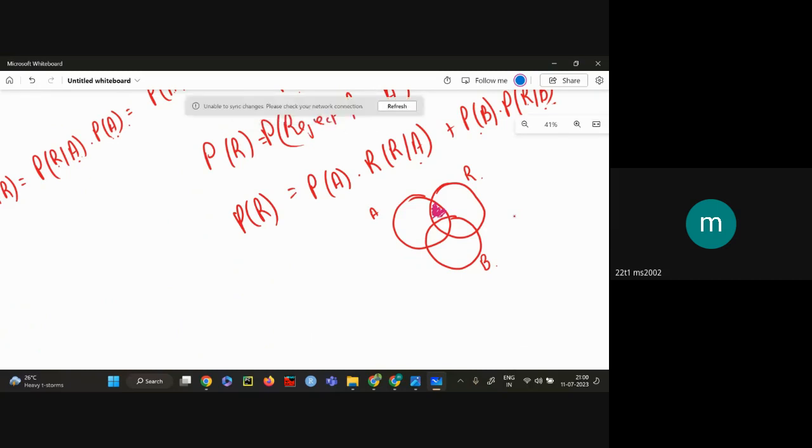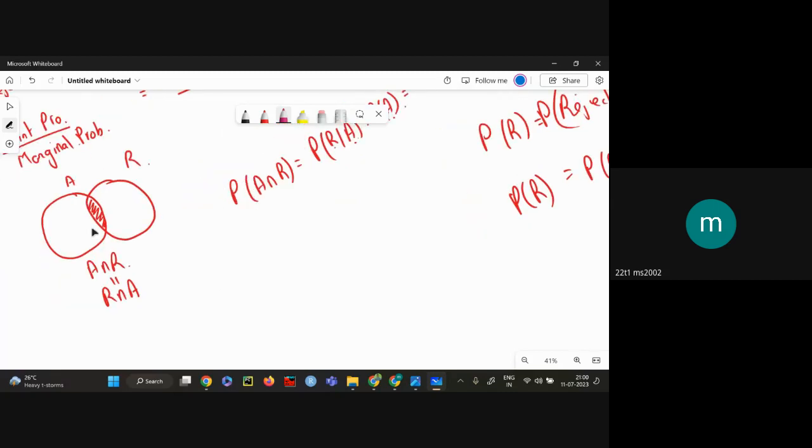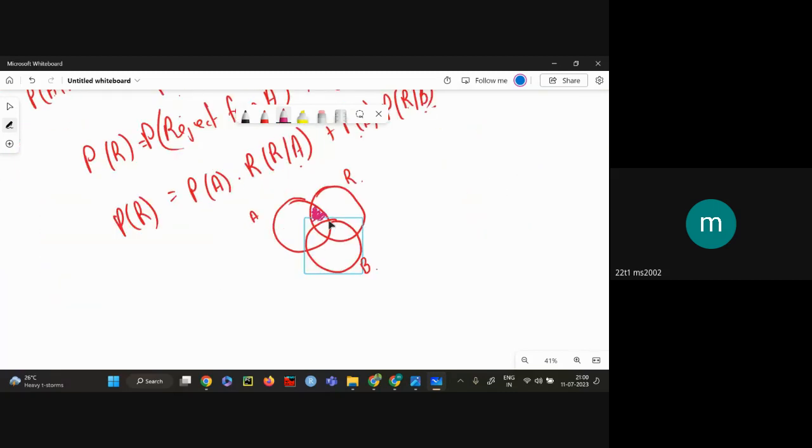This is clearer for intersection than for given. Unless I explicitly specify that it is a given, it does not make sense. And since I've already used the intersection diagram over here, I don't want to confuse it again with given. So let's just say that this region is intersection and not go into Venn diagrams for conditional probabilities. It is not that it cannot be done, but it may just be more confusing.